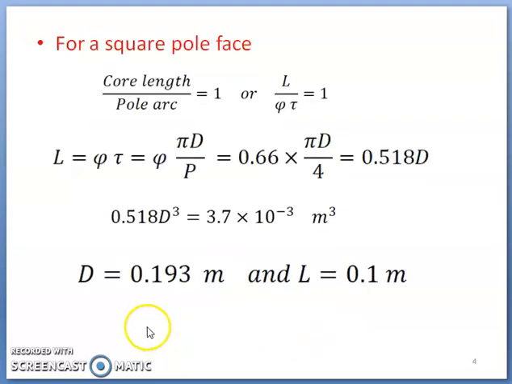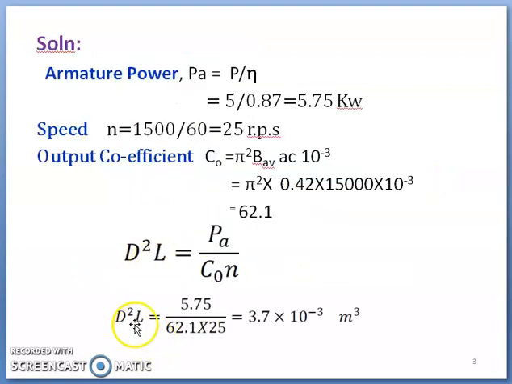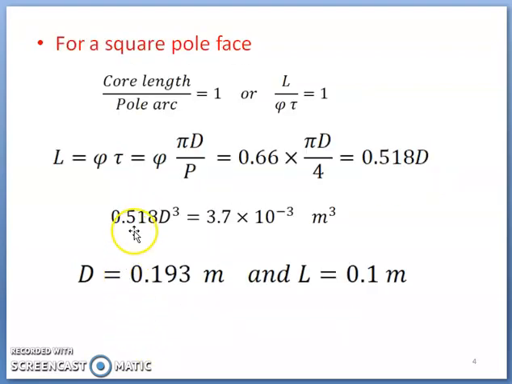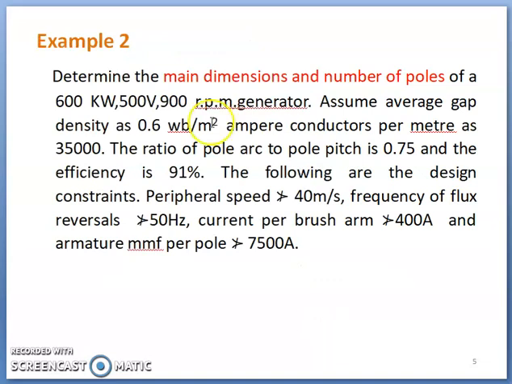Then substituting value of L in terms of D, this becomes D cube. 0.518 D cube equal to 3.7 into 10 raised to minus 3 cubic meter. Therefore, after simplifying this equation, we get main dimensions of machine D as 0.193 meter and L equal to 0.1 meter.